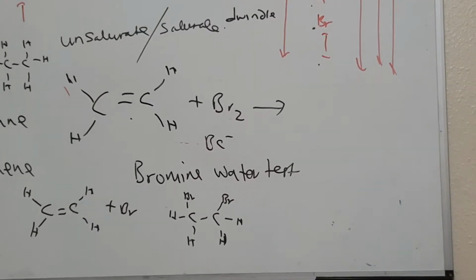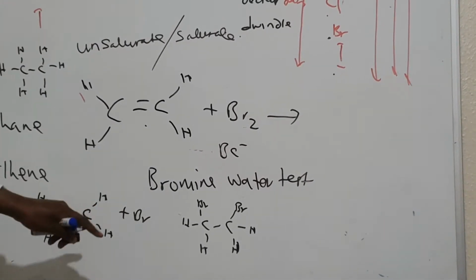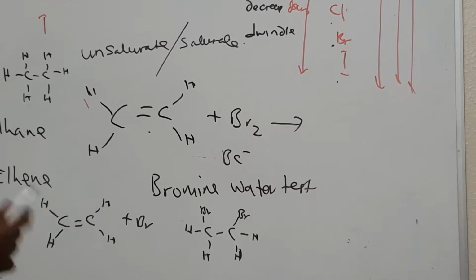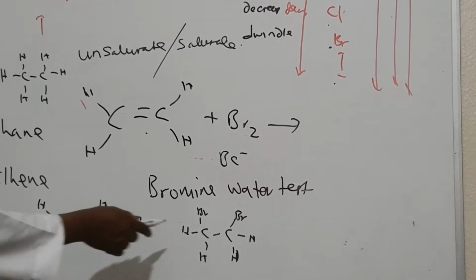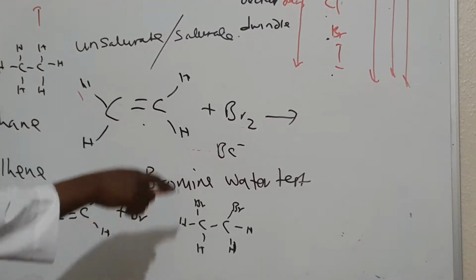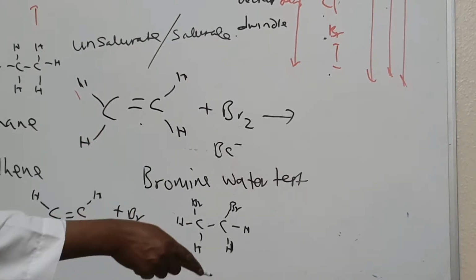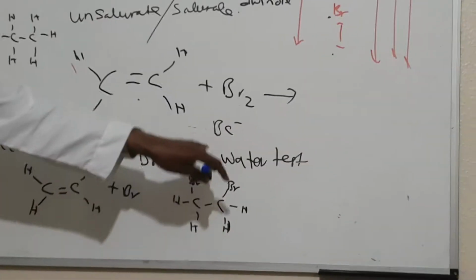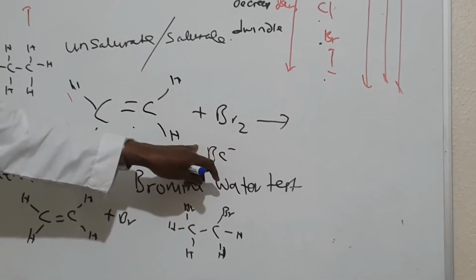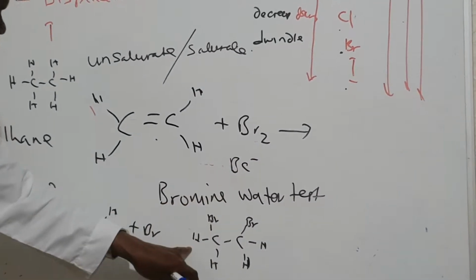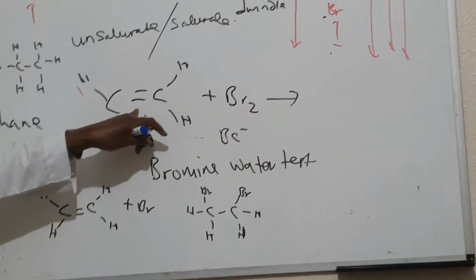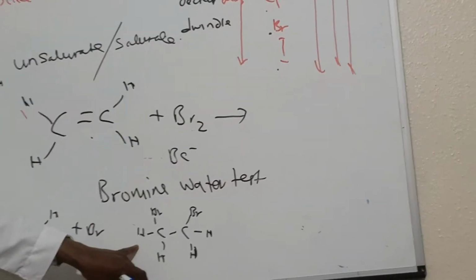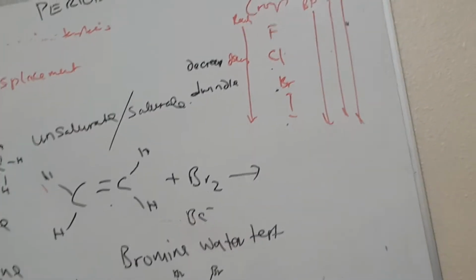No. So this can happen in the body and it could cause cancer, they said, because many other things can happen. This is what we call the bromine water test. If you want to test whether the oil you have has a double bond, is unsaturated or saturated, you perform the bromine water test, because the bromine will react with the double bond hydrocarbon, break the bond, and form a new compound.